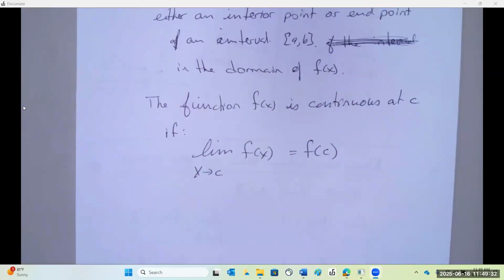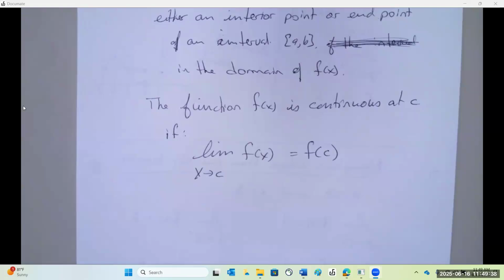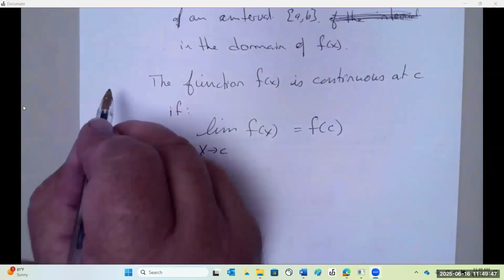So that's the first check. Remember, whenever you're asked to find a limit, what do you do? Plug it in there, see if it works. So first off, it has to be a number in the answer. It has to be an answer. So this is the first thing we check.